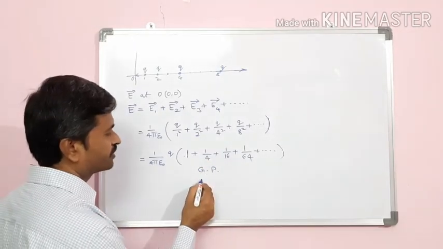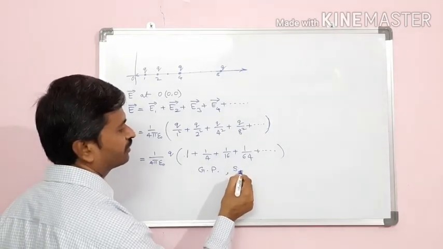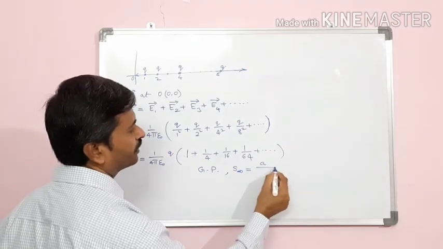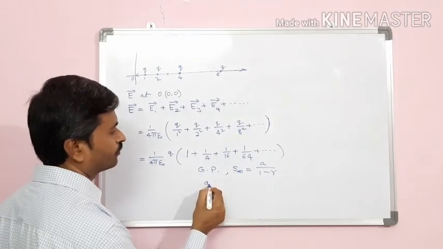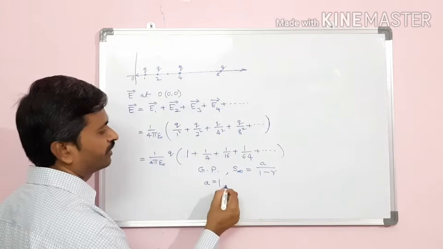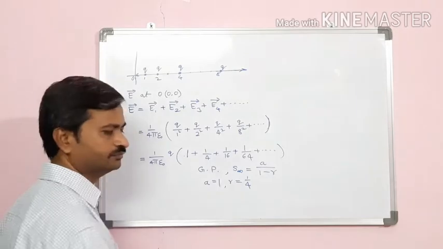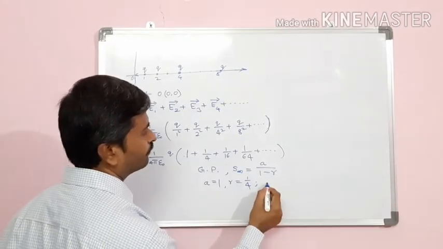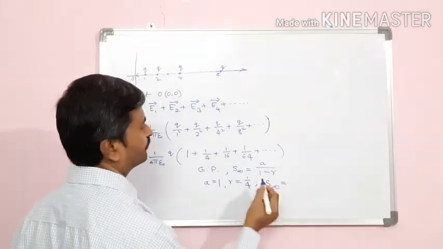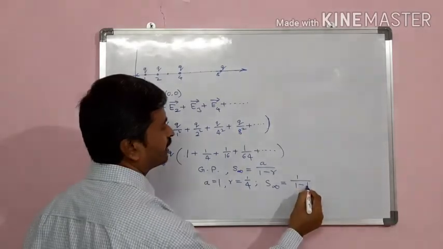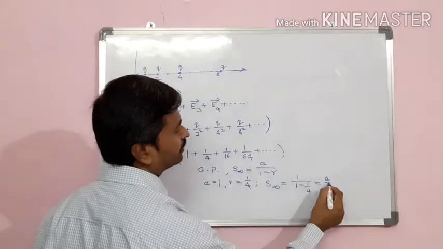Sum of infinite terms in this geometrical progression is equal to a by 1 minus r. Here a is equal to first term 1 and r is equal to common ratio 1 by 4. Substituting this value, S infinity is equal to 1 divided by 1 minus 1 by 4. That is equal to just 4 by 3.